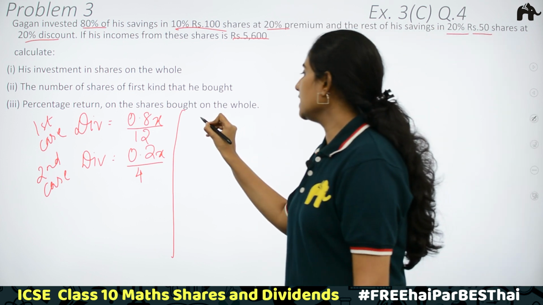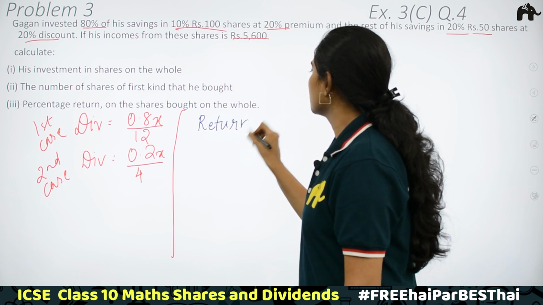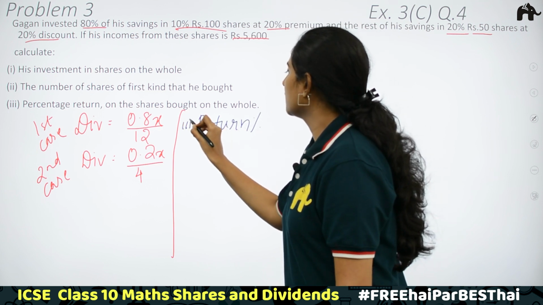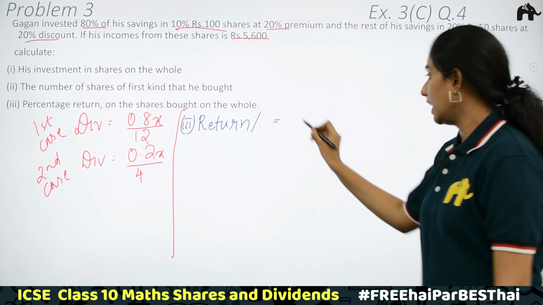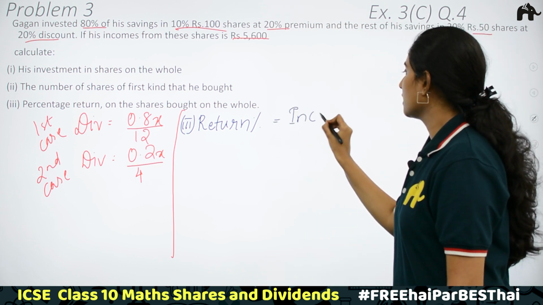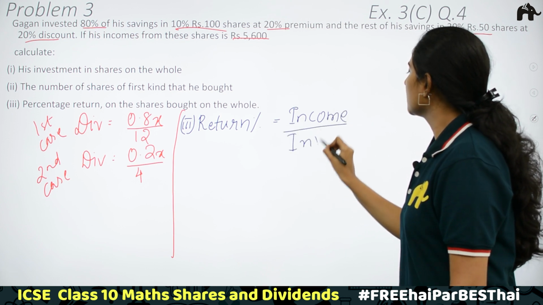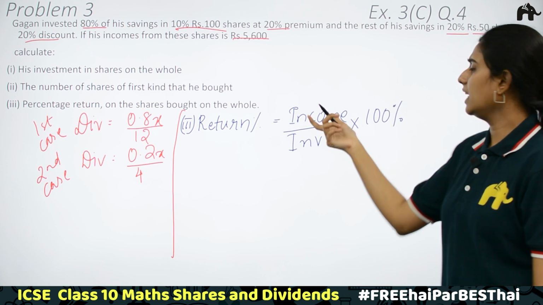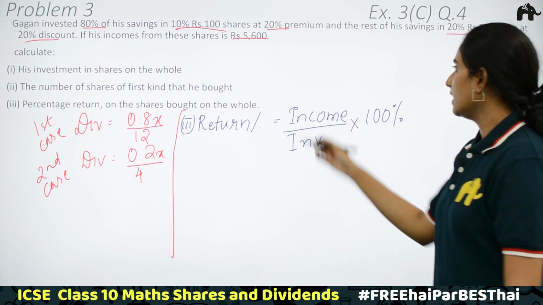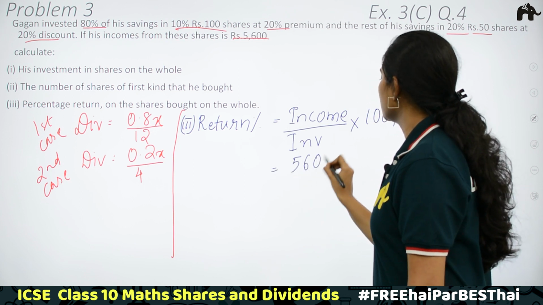Now the third part, percentage return on the shares bought on the whole. How do you get the percentage return? Return percentage is equal to income by investment into 100%. Income is the dividend. Dividend we know, that is 5,600.